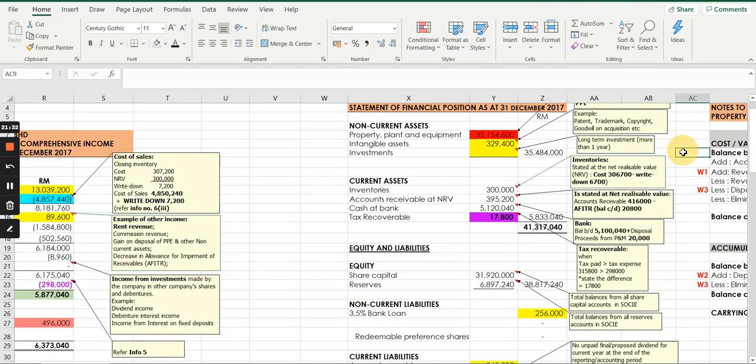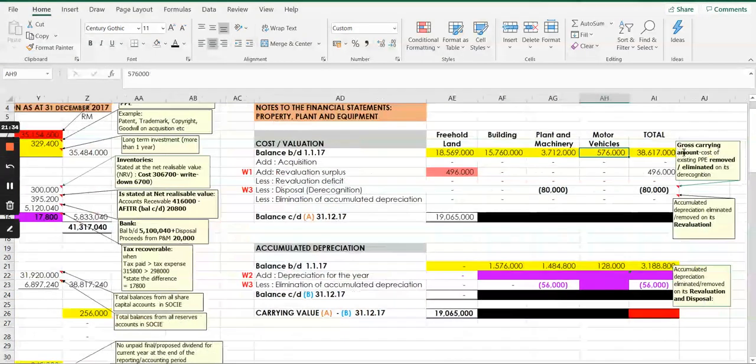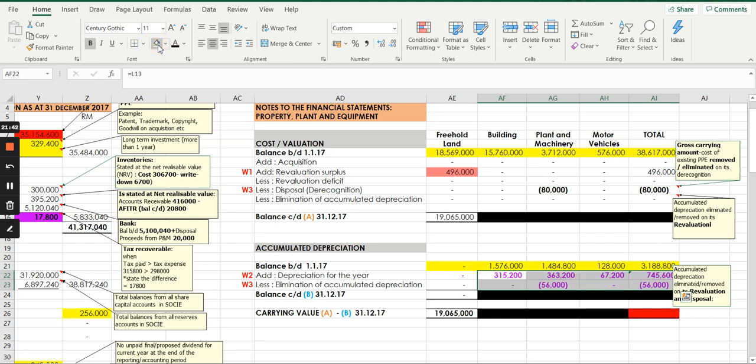Let's just do the rest of the things that you have here. I'll just reveal it for you while I check the items for a while. Okay, let's check your figure there.